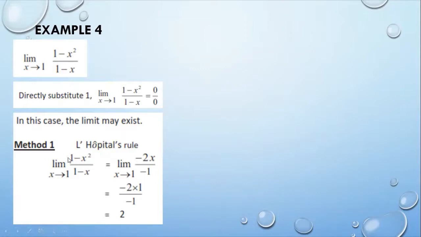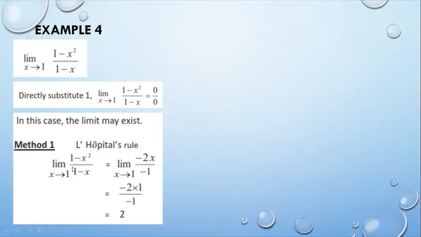When you differentiate 1, you get 0, nothing, so that's why nothing is written here. When you differentiate negative x squared, you bring the 2 in front, and then subtract 1 from the power. So you will get negative 2x. So the numerator is done.